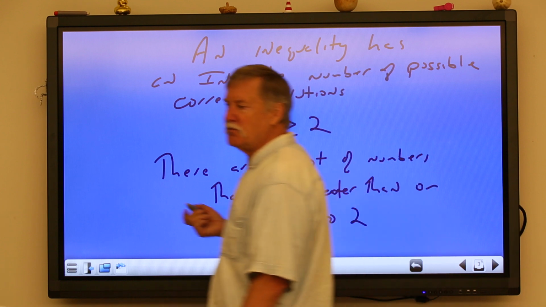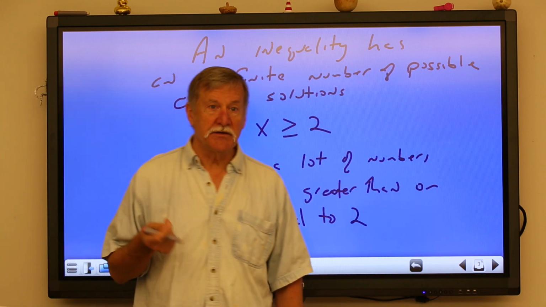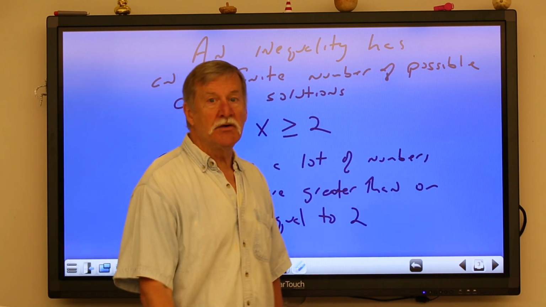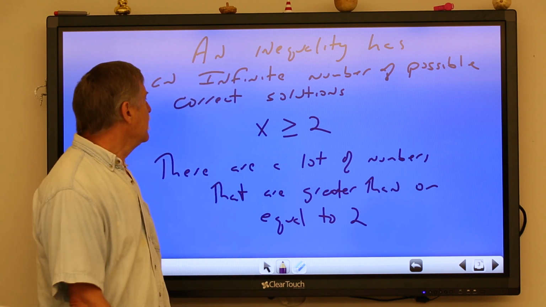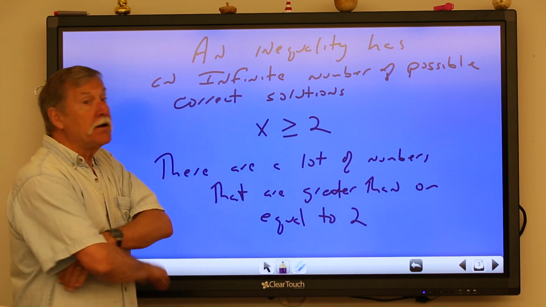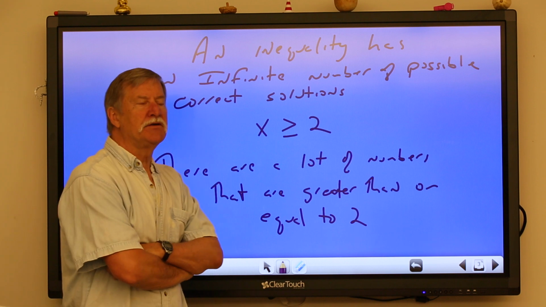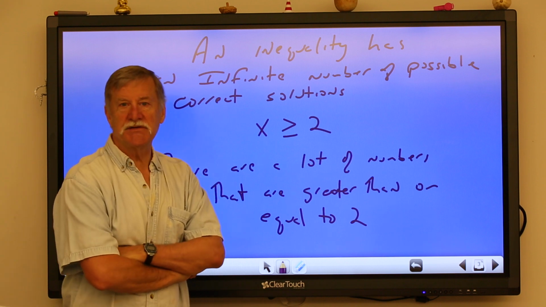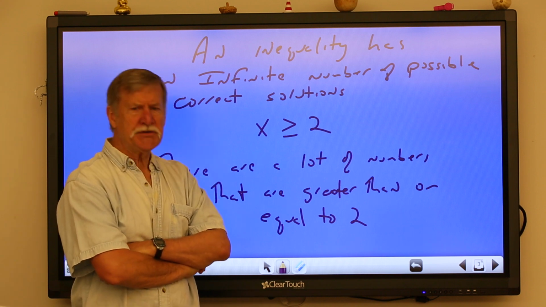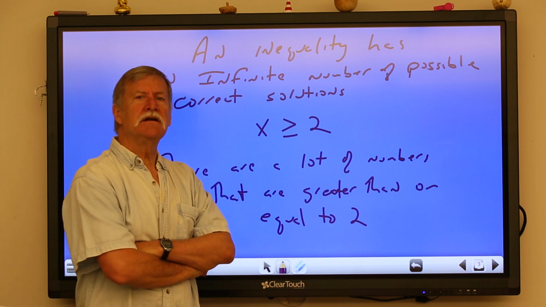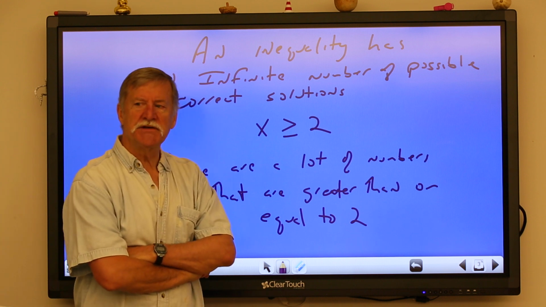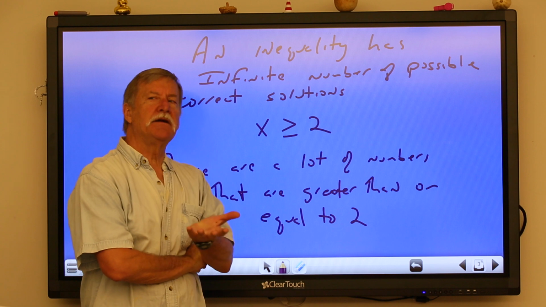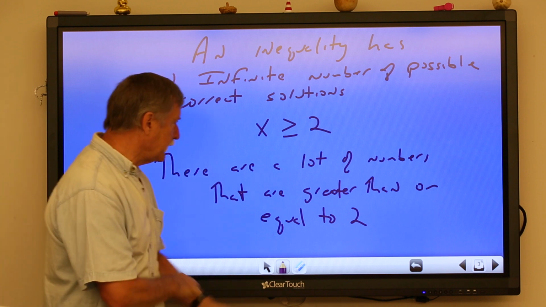As soon as you name the last number greater than 2, then I can add one more to it. It never stops. And so there are an awful lot of numbers greater than or equal to 2, and that's not even counting all fractions and decimals. So the question is, how do you show an infinite number of things on a single piece of paper? And that's the idea of graphing an inequality.